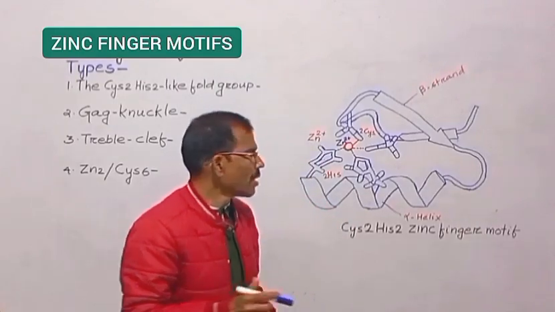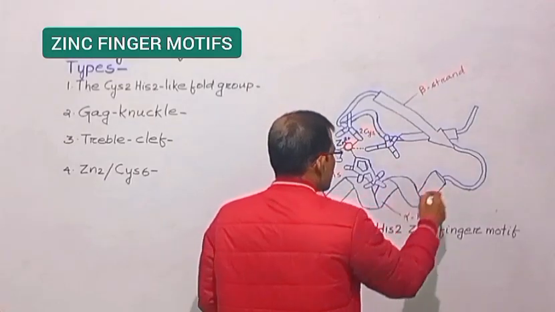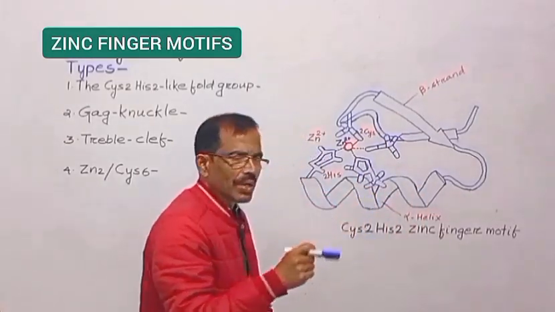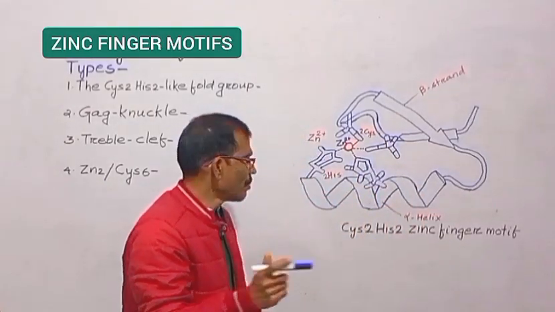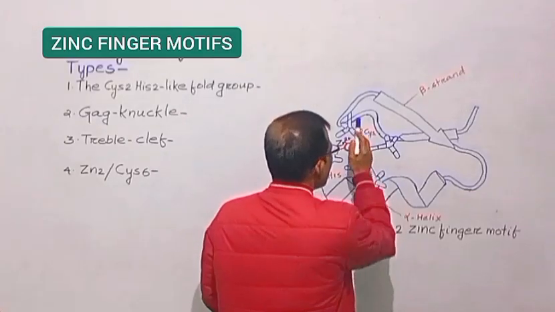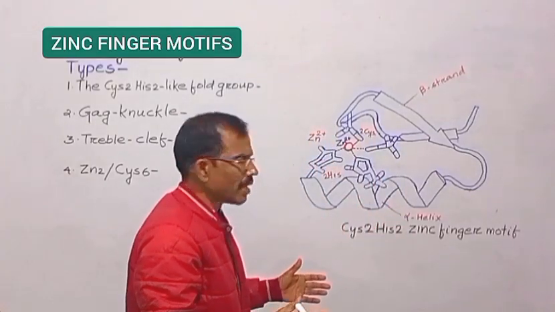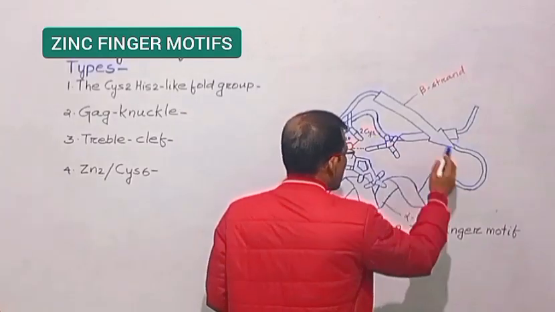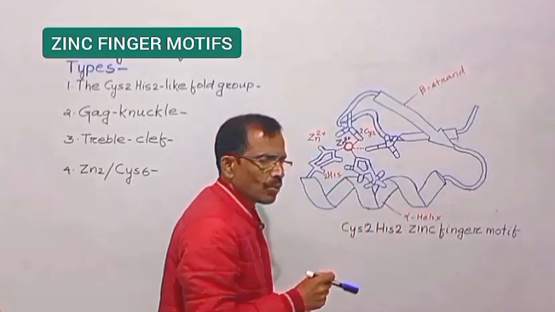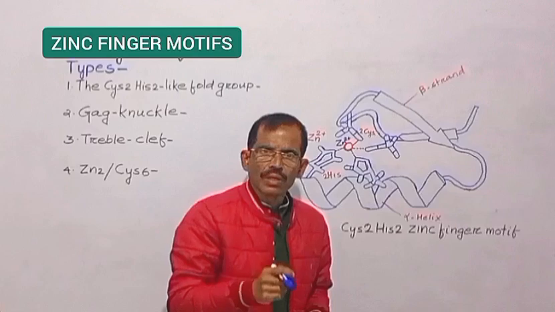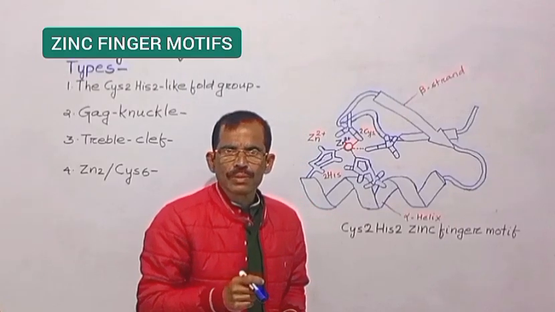In the zinc finger, the polypeptide chain is folded into various secondary structural elements such as alpha helix and beta sheet, which are then further folded into a compact finger-shaped structure which can interact with DNA, RNA or proteins.